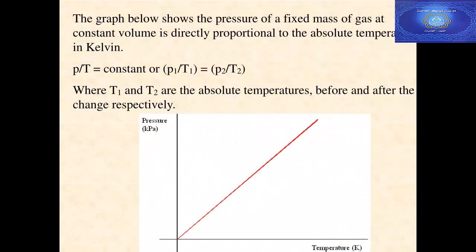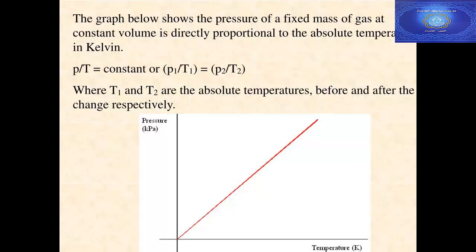When we draw the relation between temperature and pressure, we will get a straight line which starts from 0. This graph below shows the pressure of a fixed mass of gas at constant volume is directly proportional to the absolute temperature in Kelvin. Absolute temperature means temperature in Kelvin.